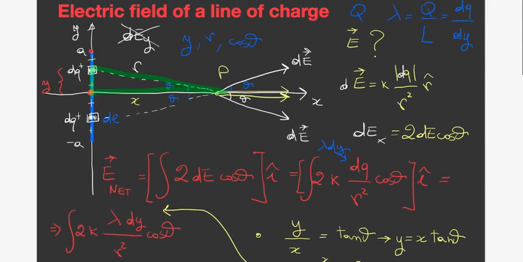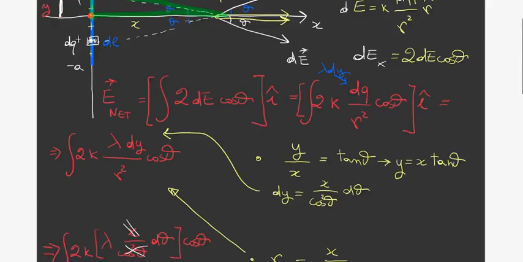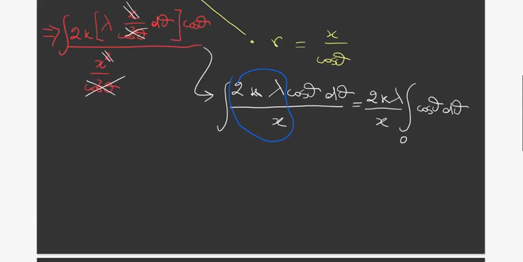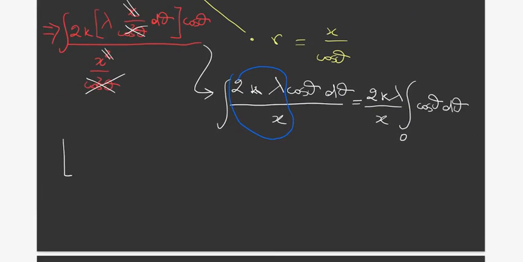Let's see the upper limit. When the infinitesimal charge dq is exactly located at the point A, the angle theta has a specific value that depends on the entire distance A and on the distance x. Let's look closely and have the triangle back again here. This will be my A, this is my x.